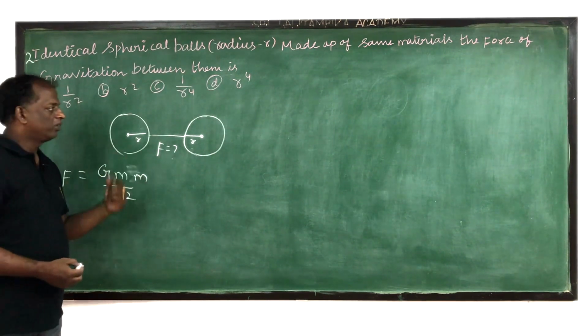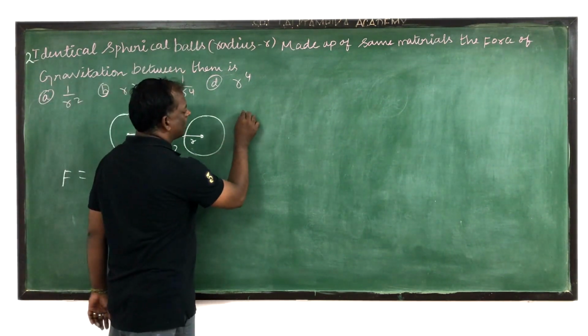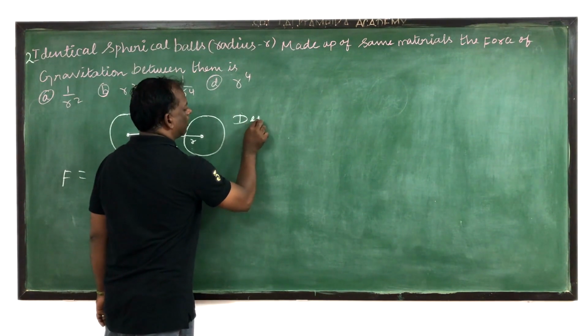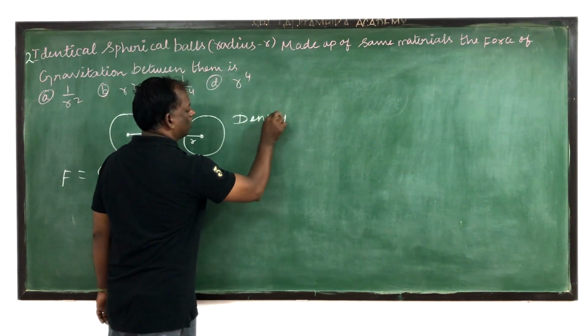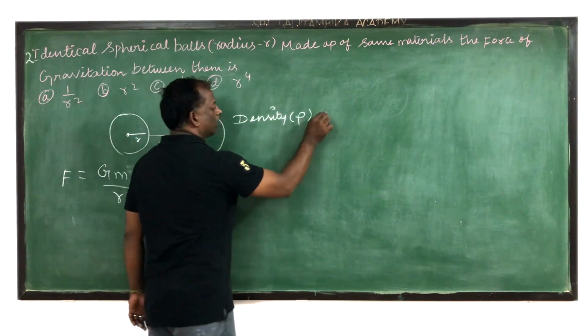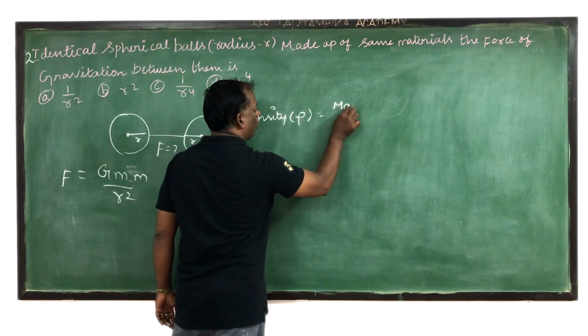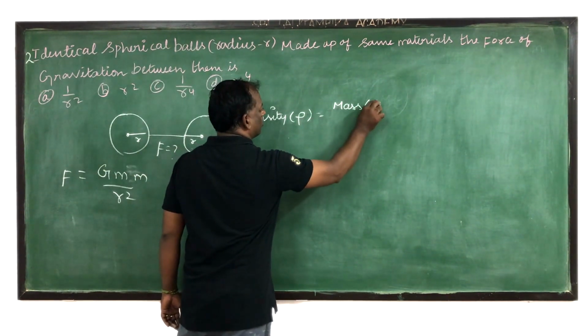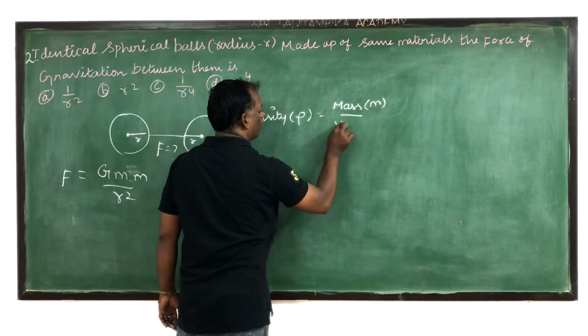Here we need to do one thing. We know that density is equal to, how do we represent density? Rho. Rho is equal to mass by volume, mass divided by volume.